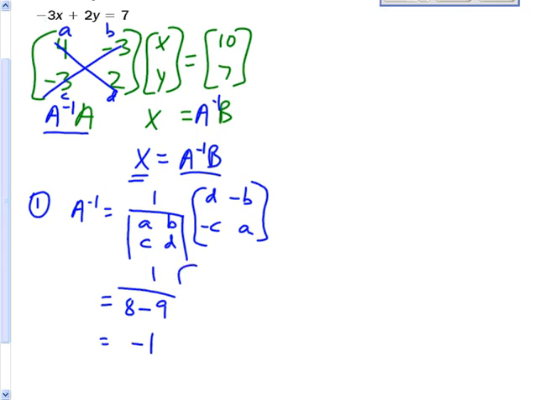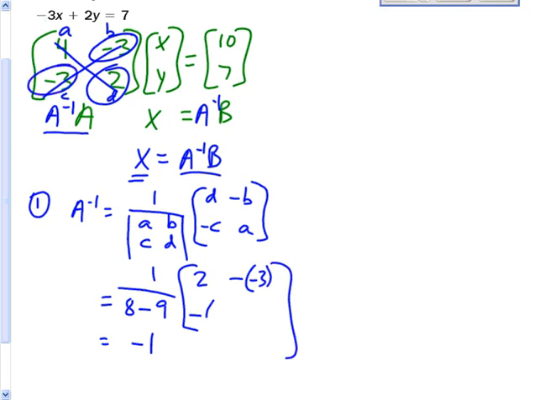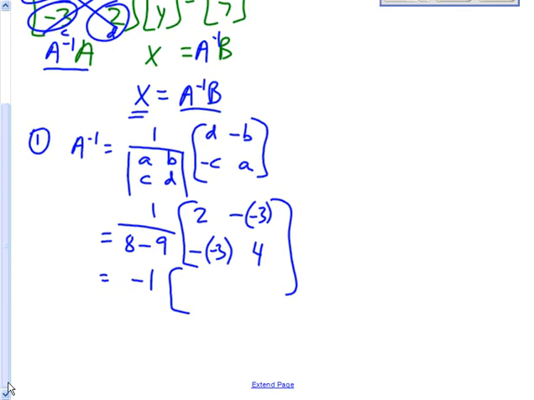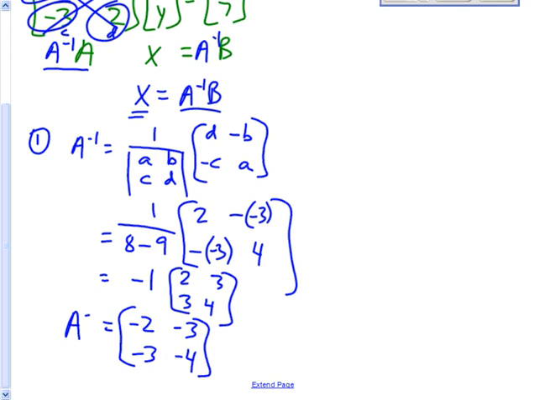Now we've got D, which is 2, negative B, so negative -3, negative C, C is -3, and finally A is 4. So we got -1 times each of these: 2, 3, 3, 4. That's just going to change the sign on each of those: -2, -3, -3, -4. Okay, there's our A inverse.